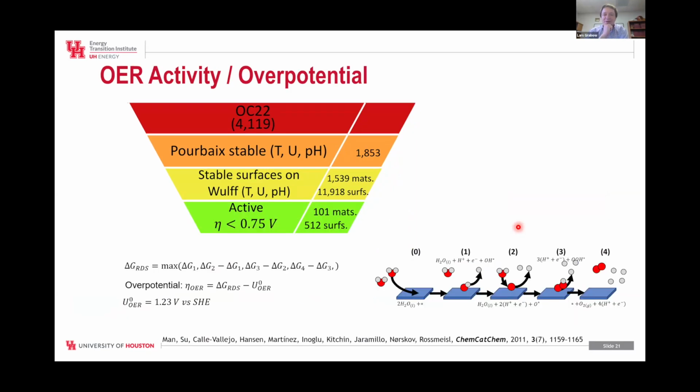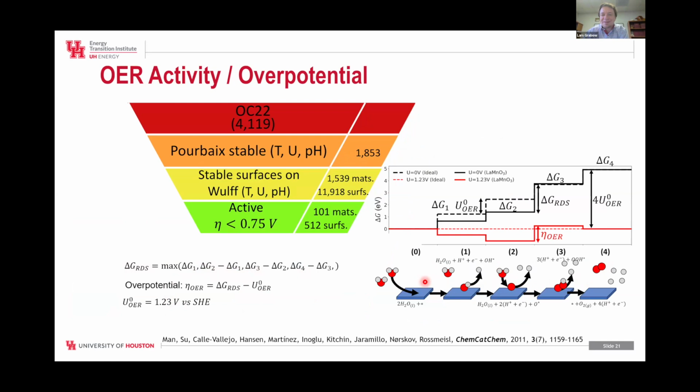The next thing we want to look at is obviously the activity, which then translates into the overpotential. So the activity or the overpotential is determined by looking at the delta G, or the differences of the Gibbs free energy between the different states along the mechanism of the reaction. And maybe you recall the potential energy diagram that I showed in the beginning.